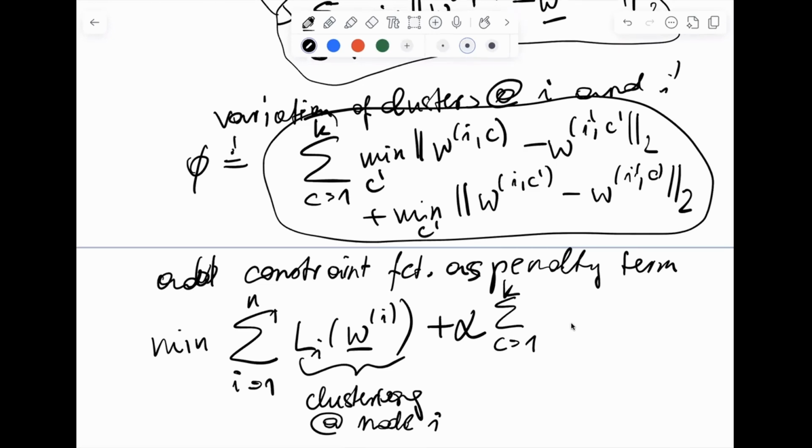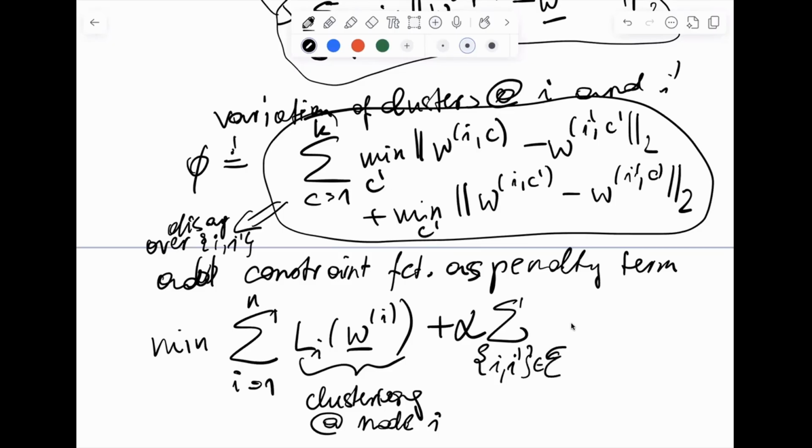So this term here is the disagreement over an edge that connects node I and node I prime. And now we sum over all edges in a federated learning network. So these are all the edges that represent connected devices.